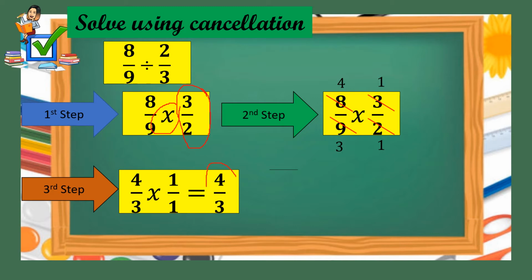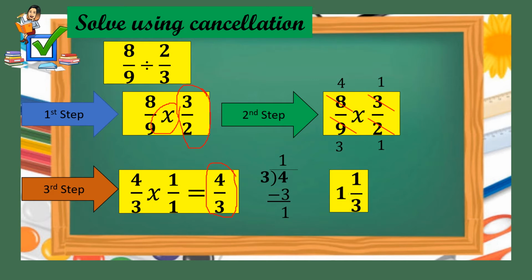So it is an improper fraction. What do we need to do? Again, divide 4 by 3. 4 divided by 3 is 1. 1 times 3 is 3. 4 minus 3 equals 1.